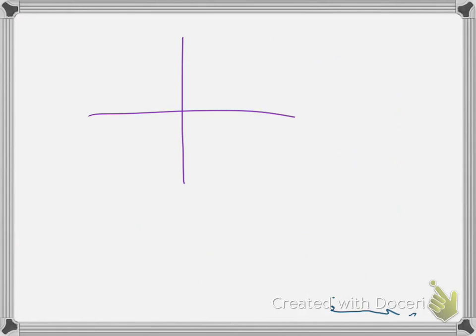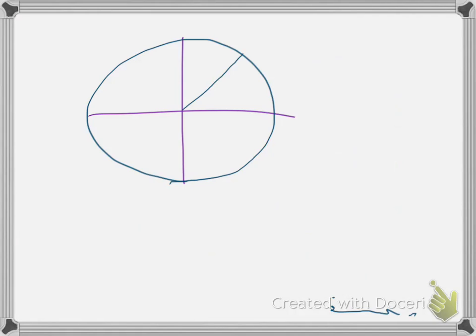Okay, to get this next identity, we're going to take the unit circle, and we're going to take one of the triangles on it, and I'm going to show you. So this is my x value, this is my y value. If I have x squared plus y squared, that's going to equal c squared.